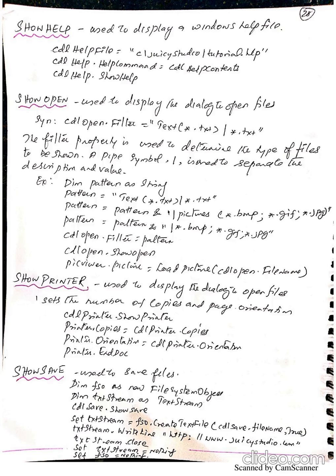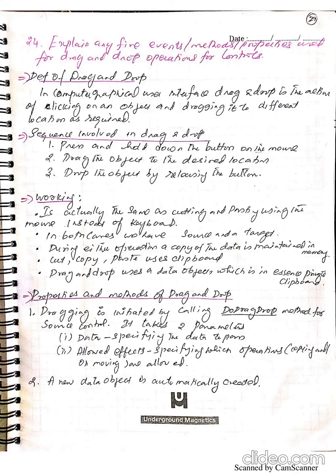Sequence involved: press and hold down the button on the mouse, drag the object to the desired location, and drop the object by releasing the button. It works actually the same as cutting and pasting, using the mouse instead of the keyboard.